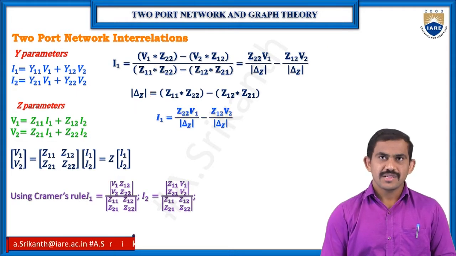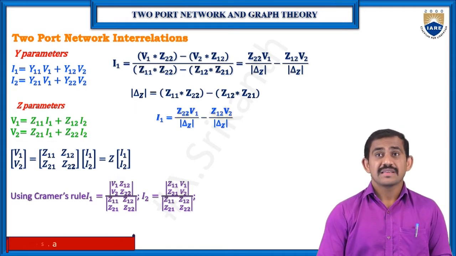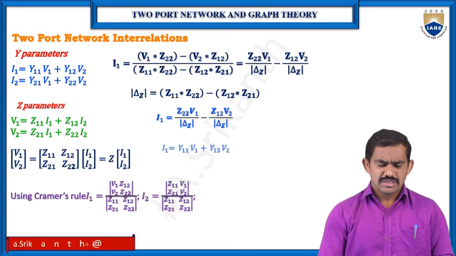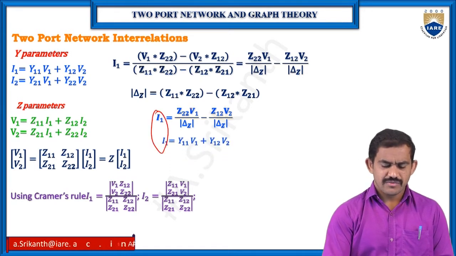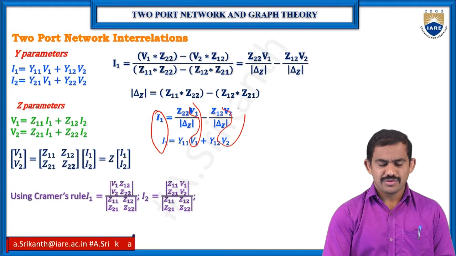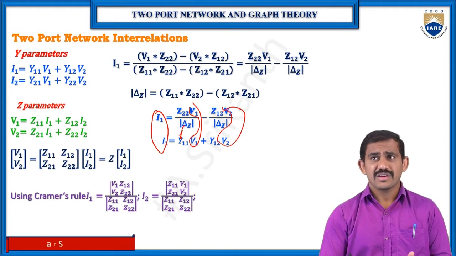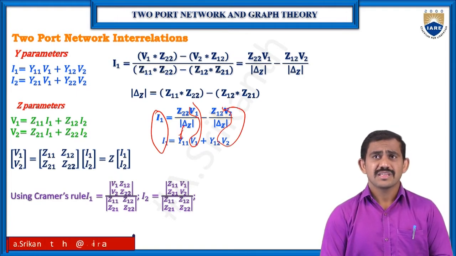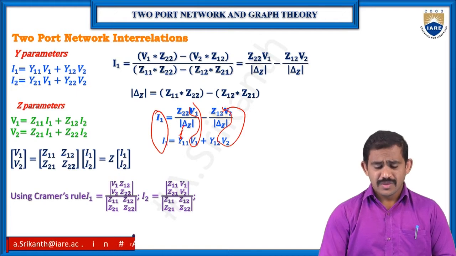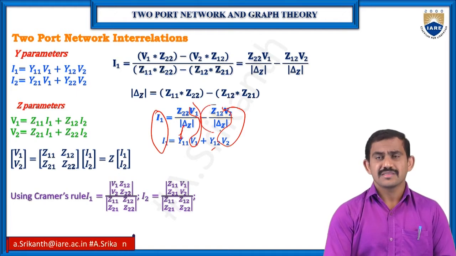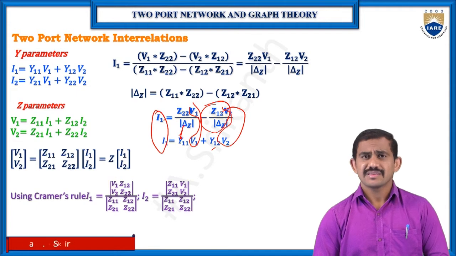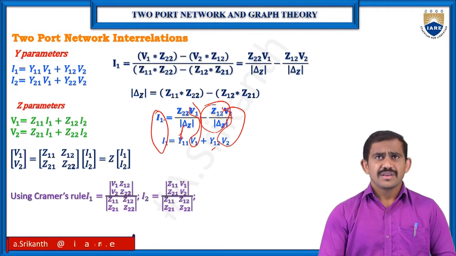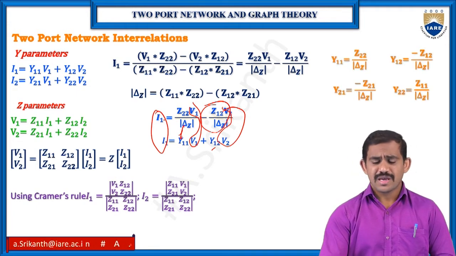So this is my i1 value when I have z parameters, and compare with the y parameters: i1 with v1, v2, so your y11 value and y12 value. So y11 value is nothing but z22 by delta z, and same thing y12 value is minus z12 by del of delta z.